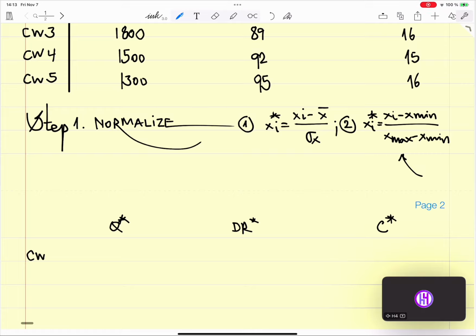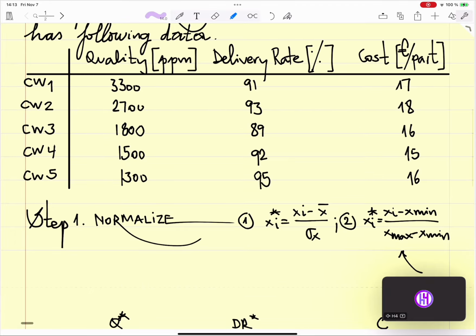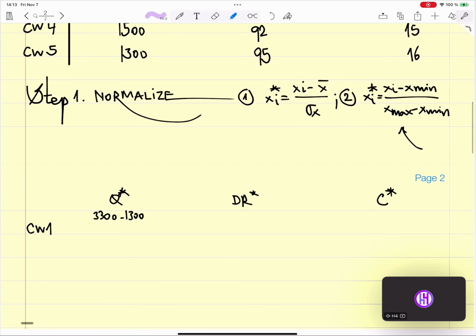Calendar week 1 is 3,300 minus the minimum value of the time series, which is 1,300, divided by the maximum value, which is 3,300, minus 1,300. So this delivers 1.